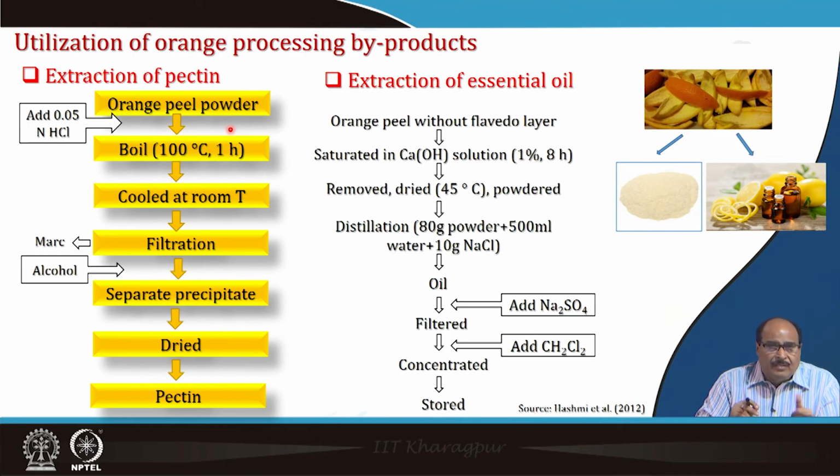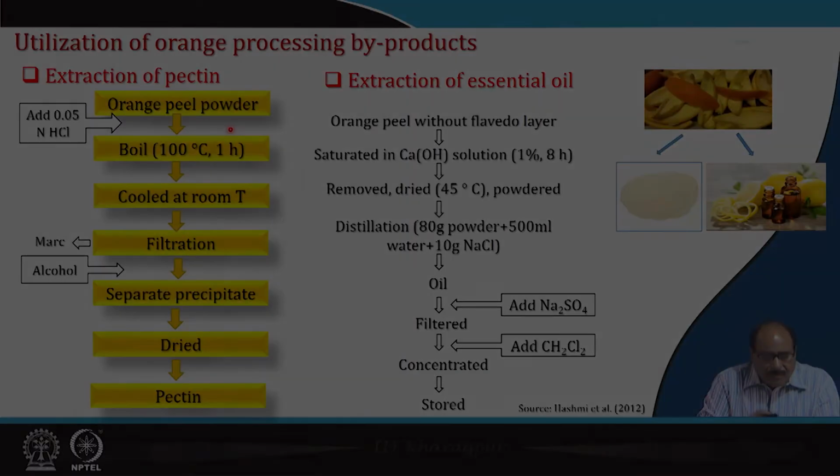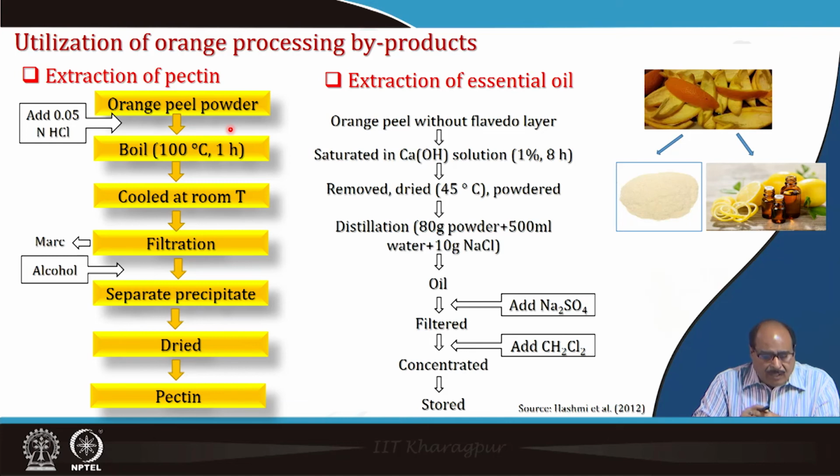After that it is filtered and the solid residue and filtrate are separated. The liquid obtained is treated with alcohol, the precipitate is separated and dried, and you get the pectin powder. Okay, it can be further purified and characterized.